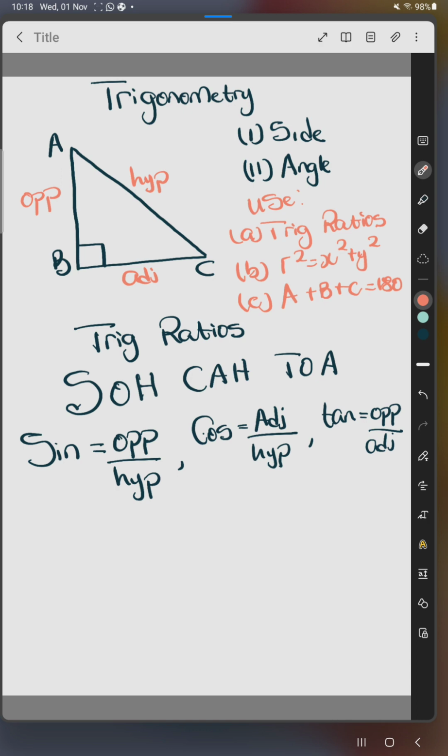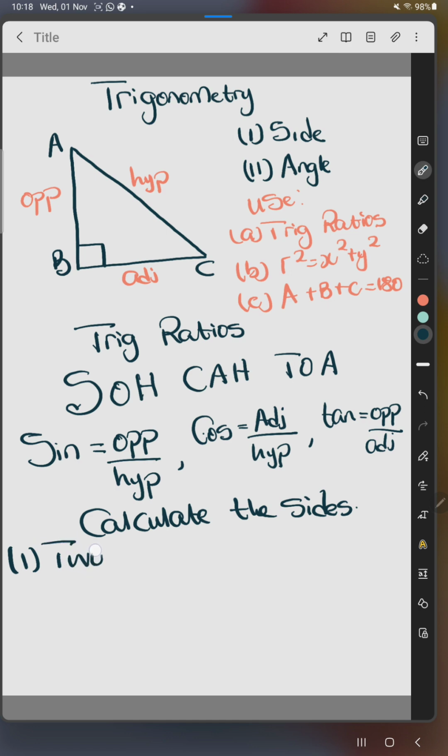Now, when do I really use this? Number one, let's say I want to calculate the side. If they give you two sides in a right-angled triangle, that is where you're going to use the theorem of Pythagoras, which is r squared equals x squared plus y squared.